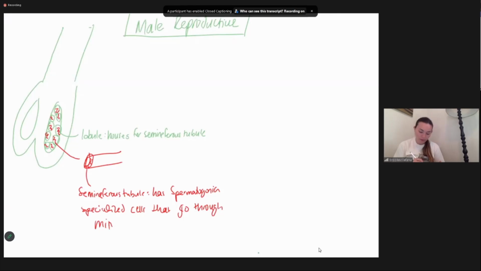When they go through mitosis, they duplicate more of themselves, and when they go through meiosis, they create sperm. So basically the seminiferous tubules create sperm because of spermatogonia. So here's the little sperm being created and sent into the tube.